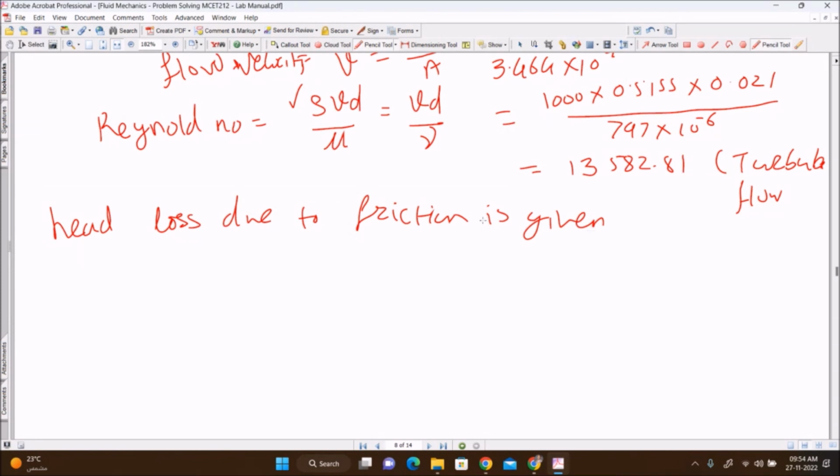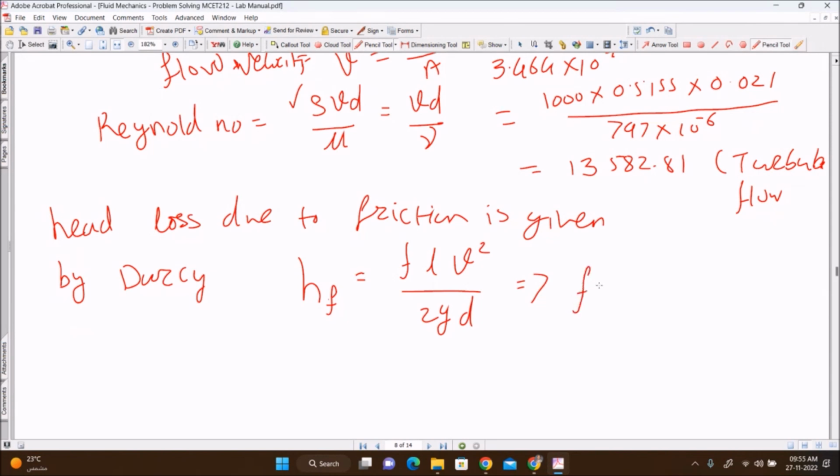Loss due to friction is given by Darcy: head loss due to friction HF is equal to F L V square by 2gD. F is the friction factor, so friction factor is equal to HF into 2gD divided by L V square.